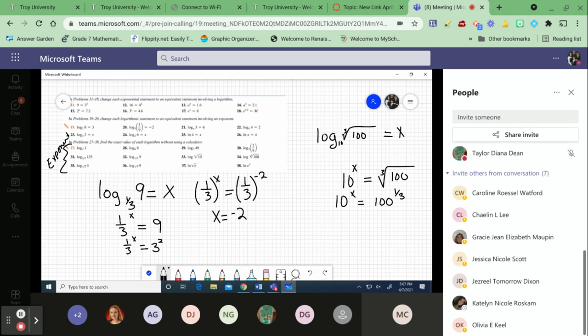I've got to make those bases the same. So instead of writing 100, I'm going to write 10 squared. Now what do I do when I have two exponents out there?